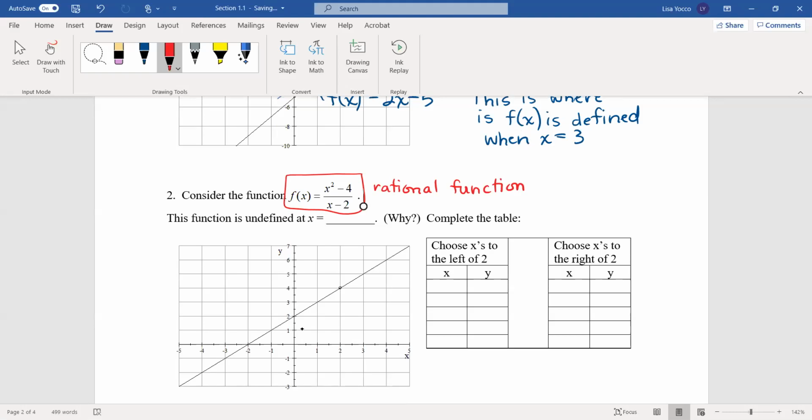It's got a variable in the denominator. And it says this function is defined everywhere except x equals 2, and it's undefined at x equals 2. Why? Because 2 makes the denominator equal to 0.